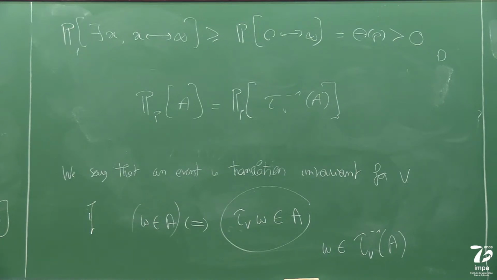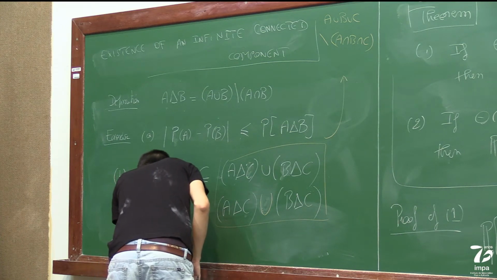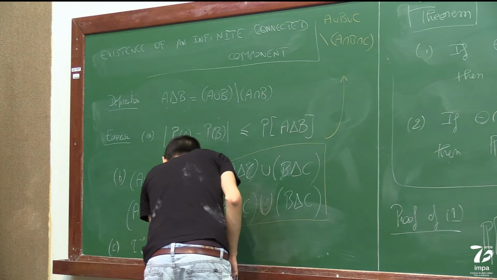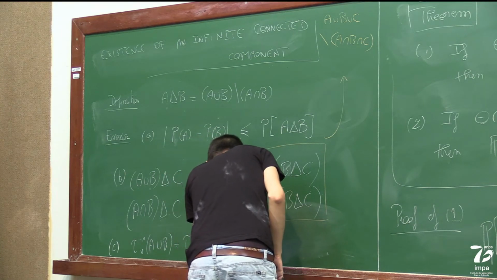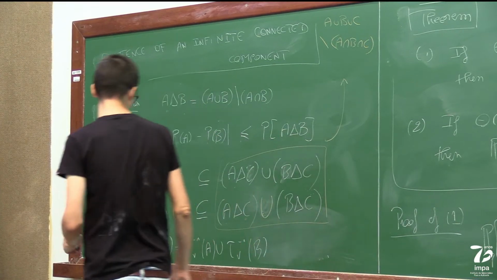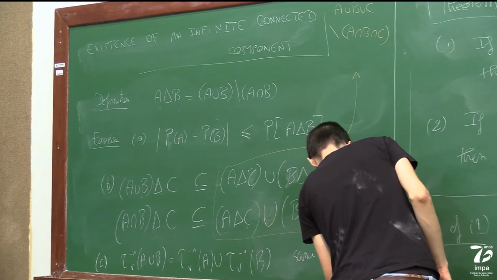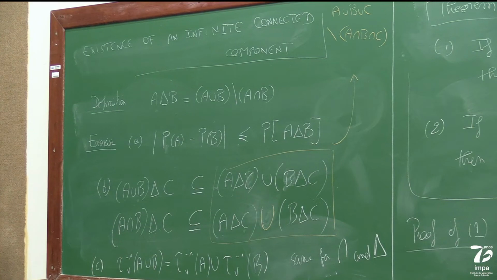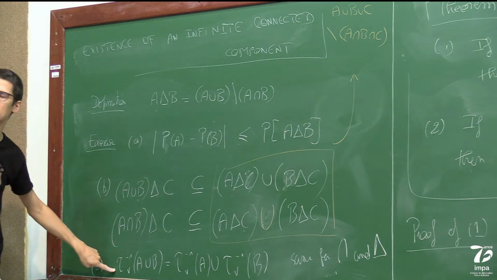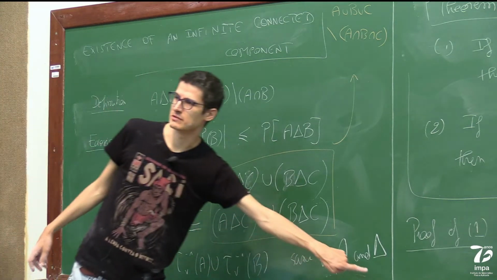Okay, what I'm going to use is that the preimage of A union B by my translation operator is the union of the preimages, and the same is valid for the intersection, and therefore the same is also valid for the symmetric difference.